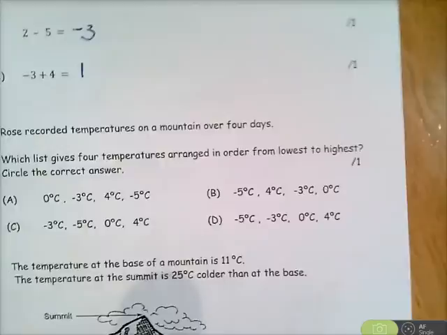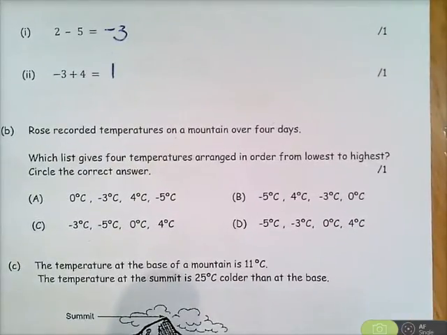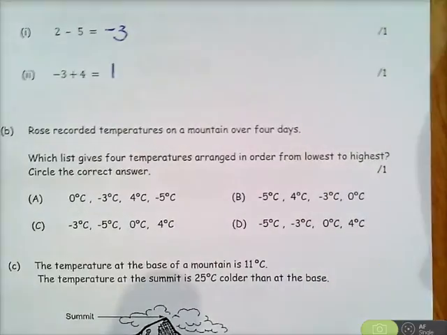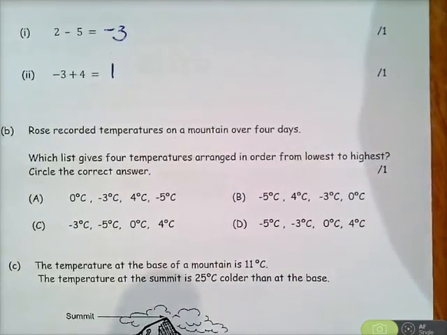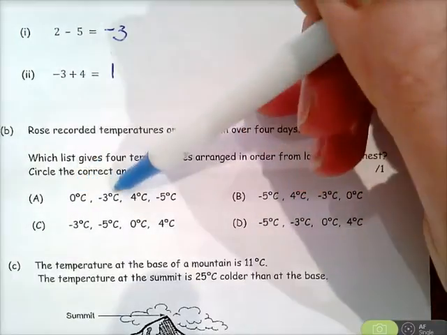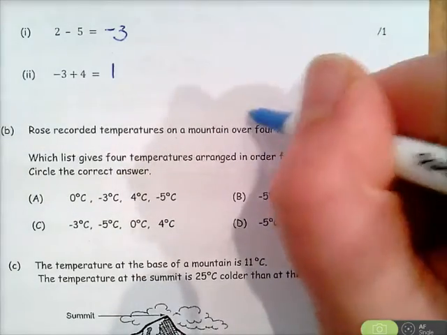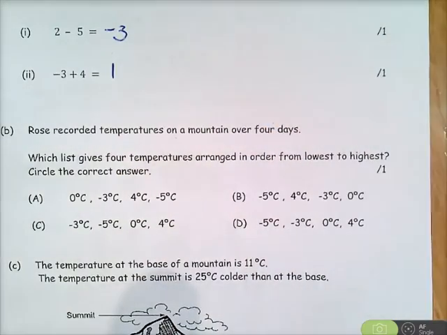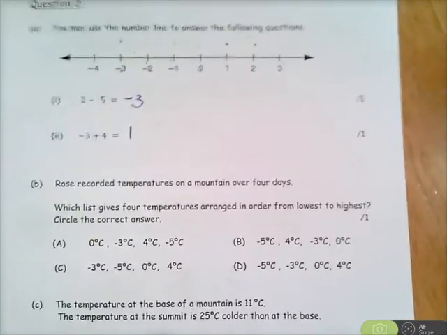Now the next question. Rose recorded temperatures on a mountain over 4 days. Which list gives the 4 temperatures arranged in order from lowest to highest? So we've got 0, -3 is less than 0. What I'm going to do here, girls, let's just use this number line that we had up the top here.